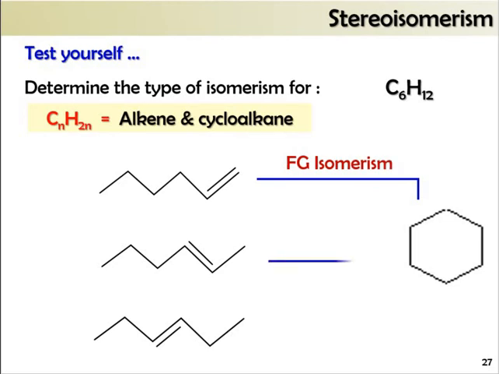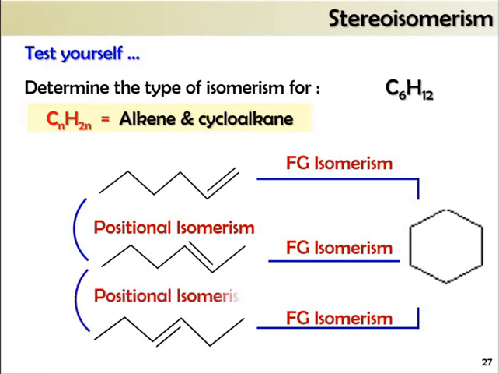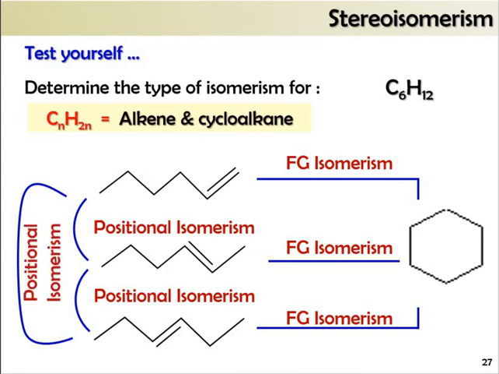Okay, and then okay, pasangan ni pun functional group isomer, ni pun functional group isomer. It doesn't matter double bond kat mana. Okay, but then the relationship between these two structure adalah positional isomer because the position of double bond is different. And then here is also positional isomer, and from the first structure and the third one is also positional isomerism.